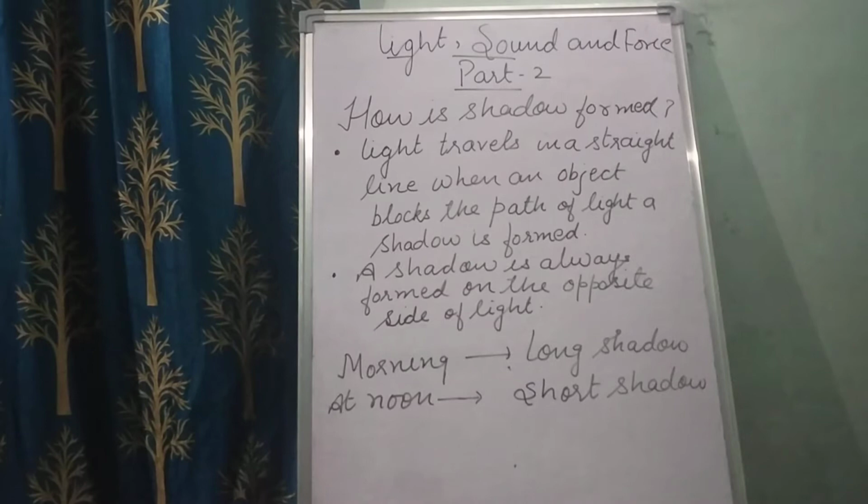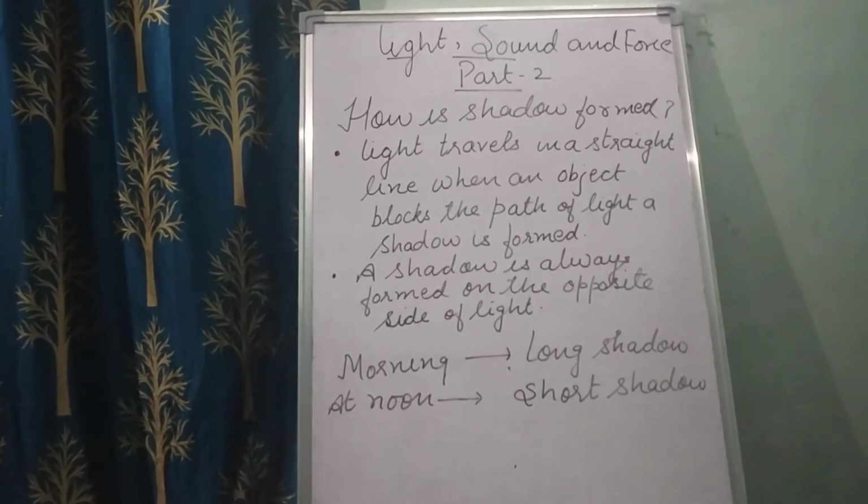In the morning and evening the shadows are long because the sun rays are slanting. At noon the shadows are short, because the sun is directly overhead and the sun rays fall vertically on the body, so the shadow is very short at noon time.